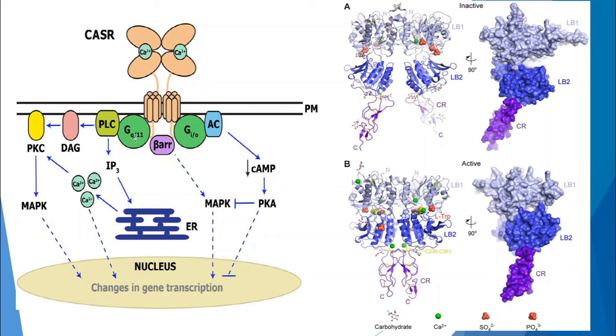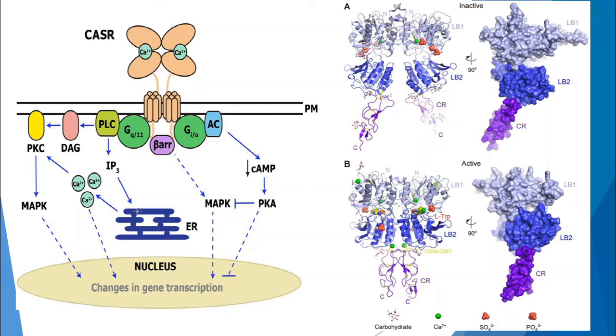As I said earlier, it has two functions. One is that it activates the phospholipase C system so that phosphatidylinositol diphosphate is converted to diacylglycerol and IP3. Diacylglycerol activates protein kinase C, which activates MAP kinase and causes several changes in gene transcription.